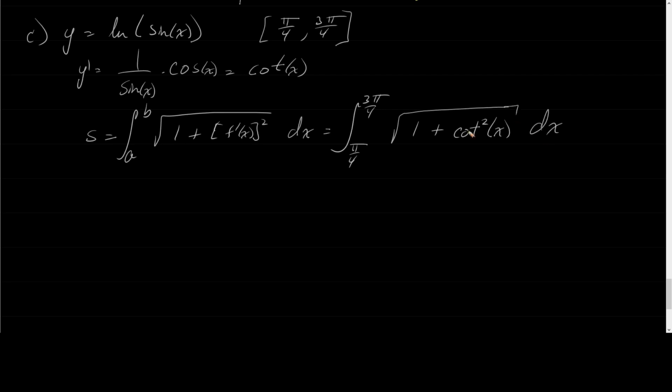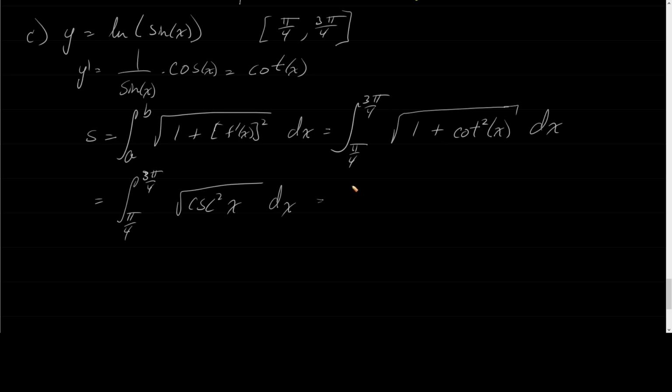Now, at that point, 1 plus cotangent squared, you should remember that that is cosecant squared. So pi over 4 to 3 pi over 4 of the square root of cosecant squared x dx, right? And that's from one of the Pythagorean identities. 1 plus cotangent squared is cosecant squared.